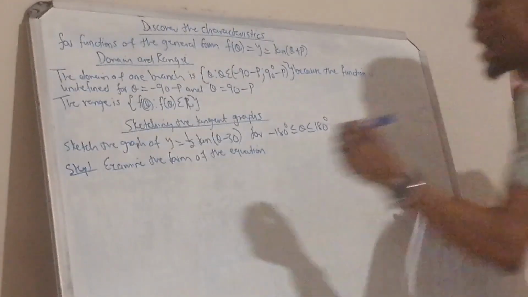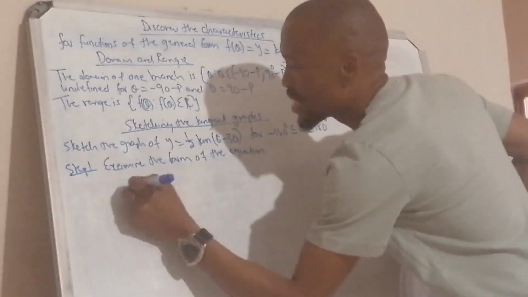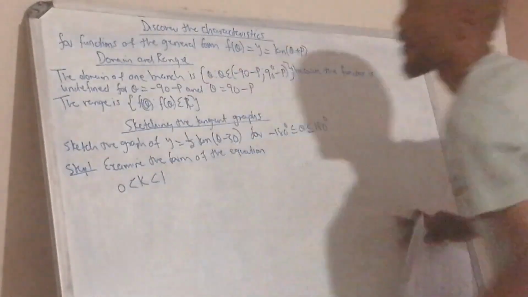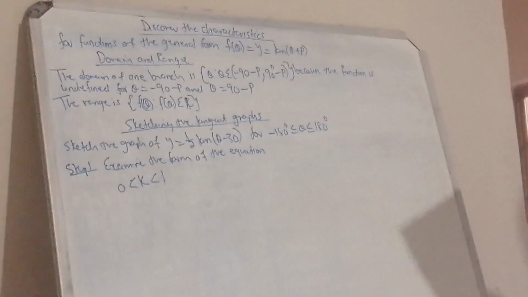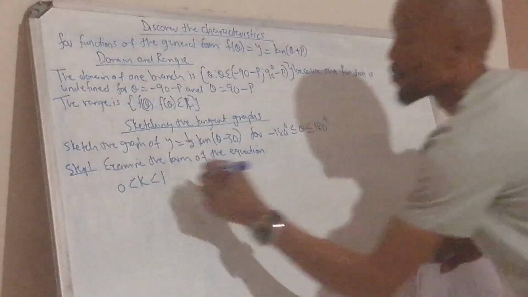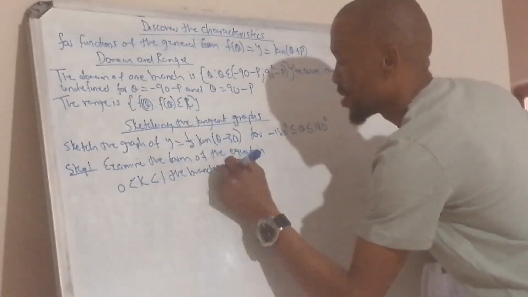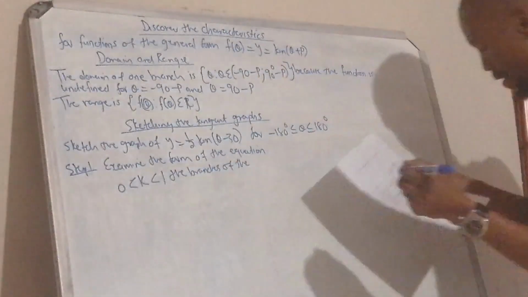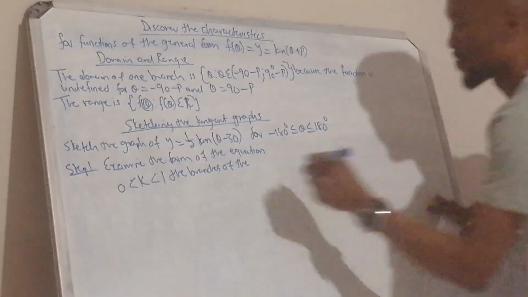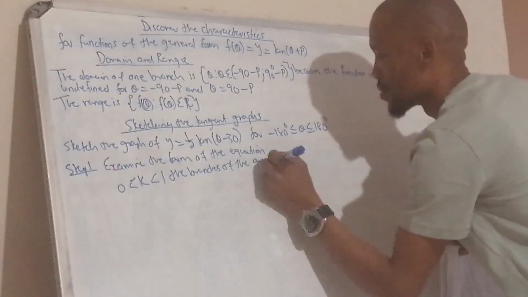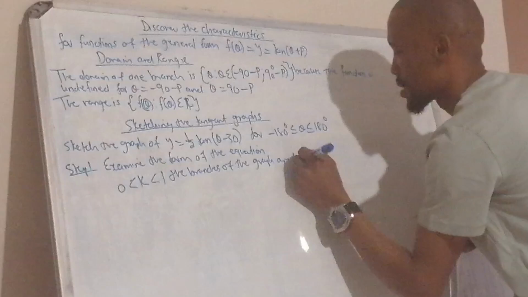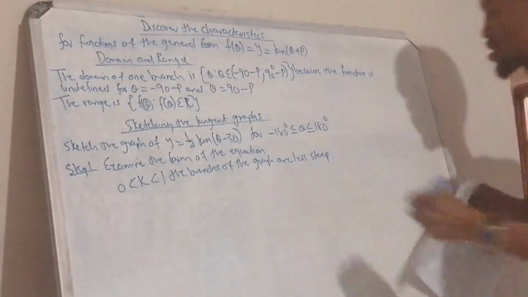Very, very important: for k that is between 0 and 1, the branches of the graph are less steep.